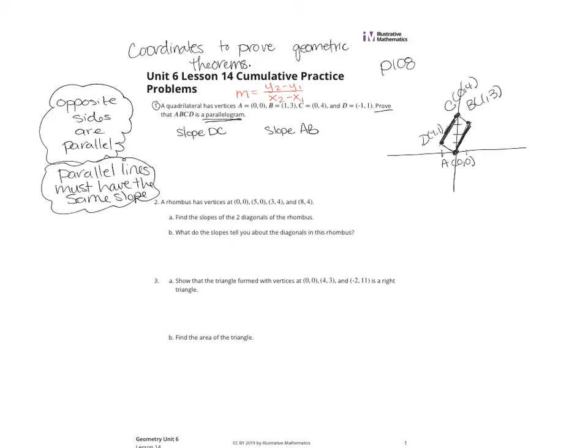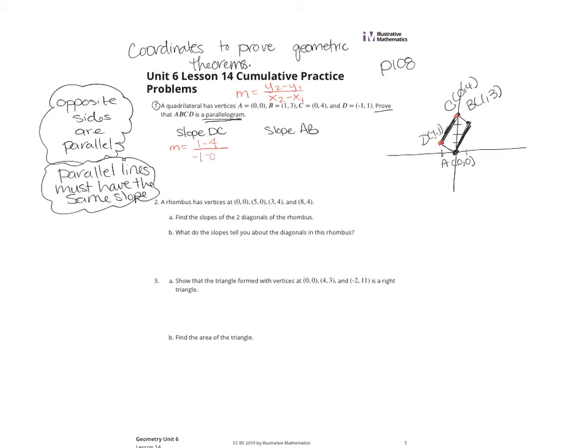So the slope of DC. I need to find my 2 coordinates. That is my 0, 4 and my negative 1, 1. And I'm going to subtract my y values. It doesn't matter which one you use first. I'm going to use the 1 minus 4. But since I use the 1 first in the numerator, I need to use the negative 1 for x first in the denominator.